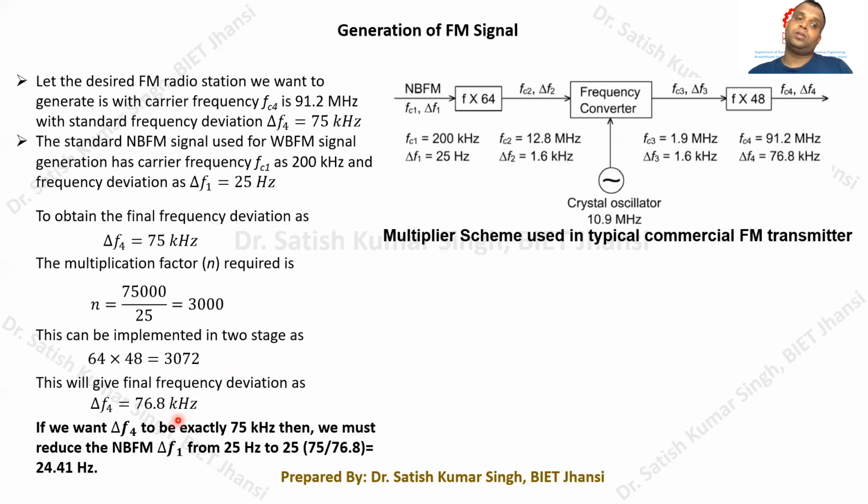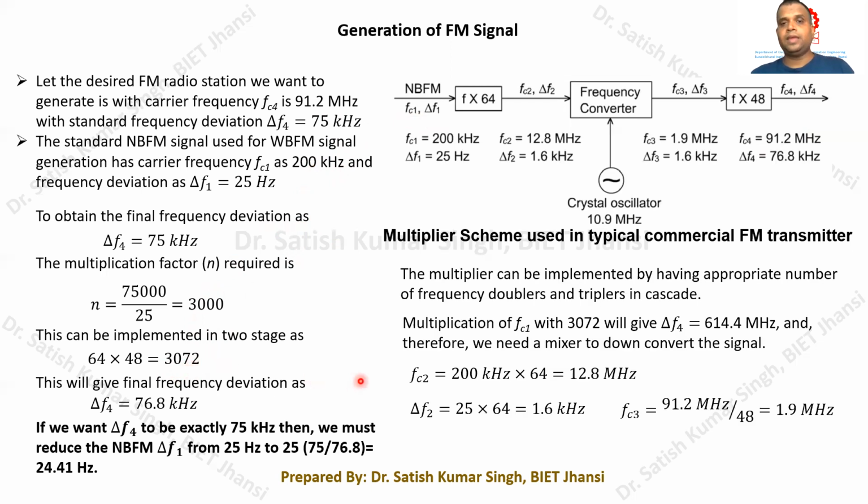Now think about it: if we multiply the carrier with the same multiplication factor, the carrier we initially took, FC1, is 200 kilohertz. Multiplying it by this factor, the value we get is 614.4 megahertz.